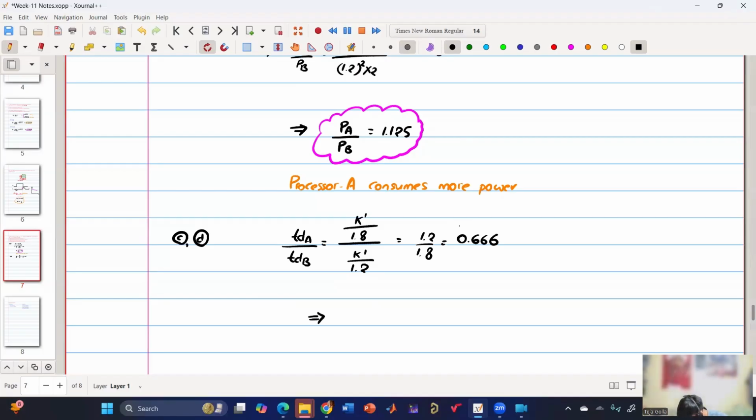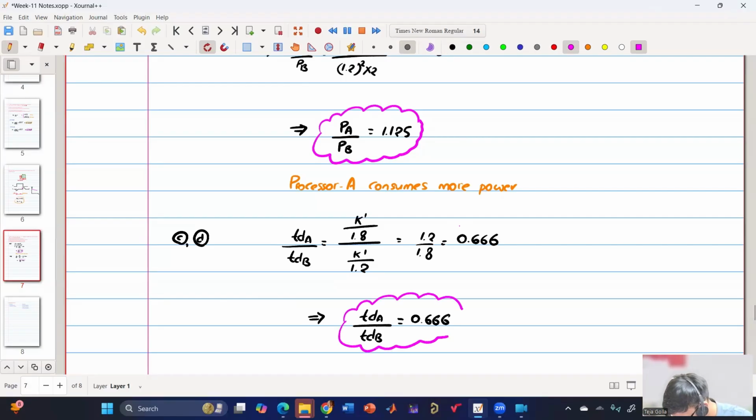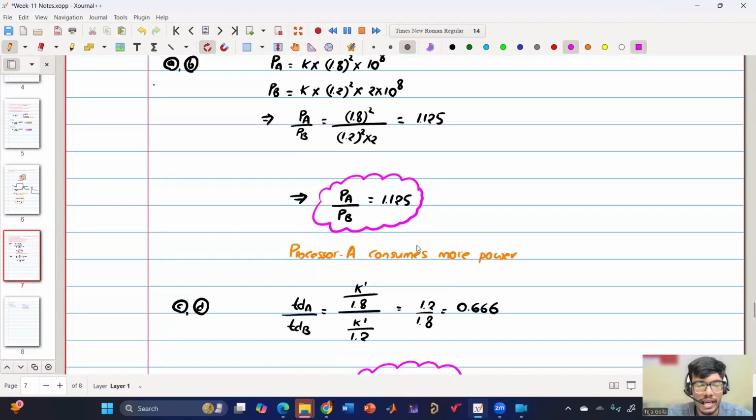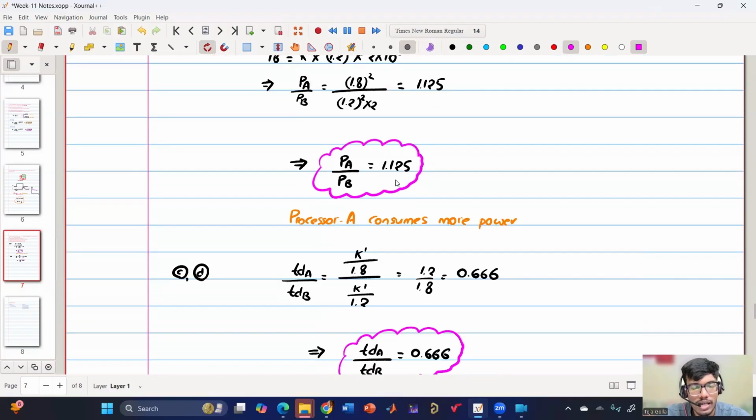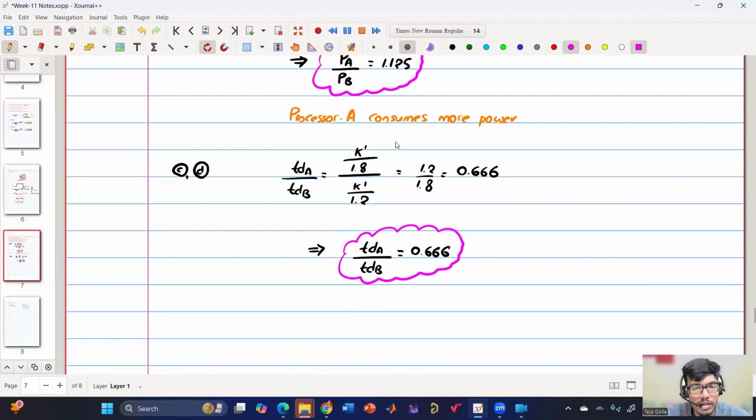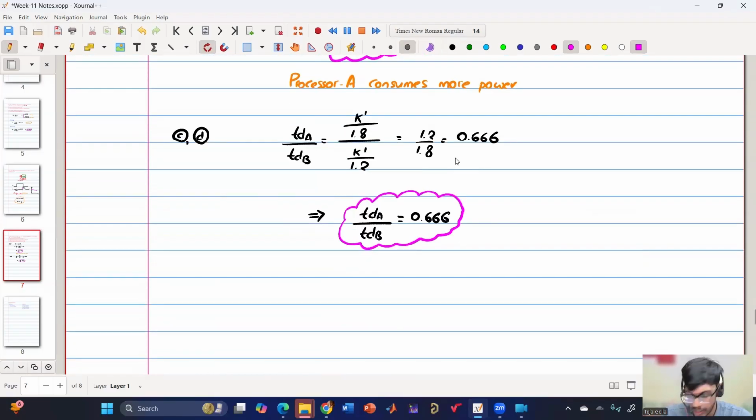So time delay A by time delay B is 0.666. Which means processor A exhibits lesser time delay, and processor B exhibits higher time delay.